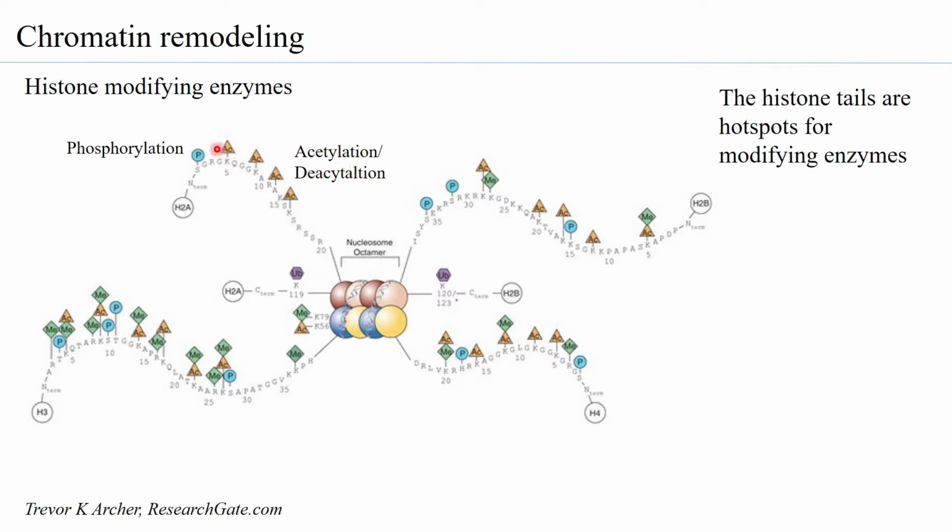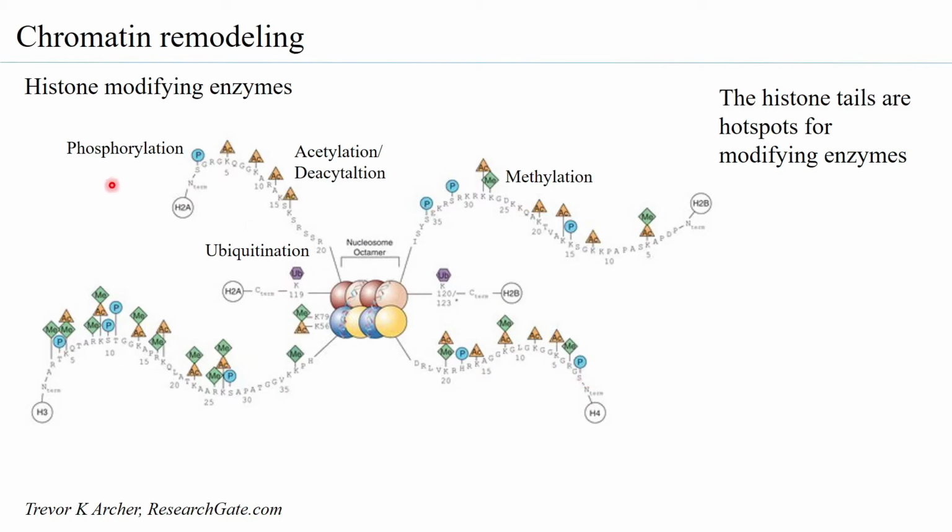So if certain lysine residues have been acetylated by the HAT, you can have the HDAC coming and removing the acetyl group from the same. You can have methylation by methyl transferases. You can have ubiquitination as well. So several different kinds of modifications are possible at the histone tails.